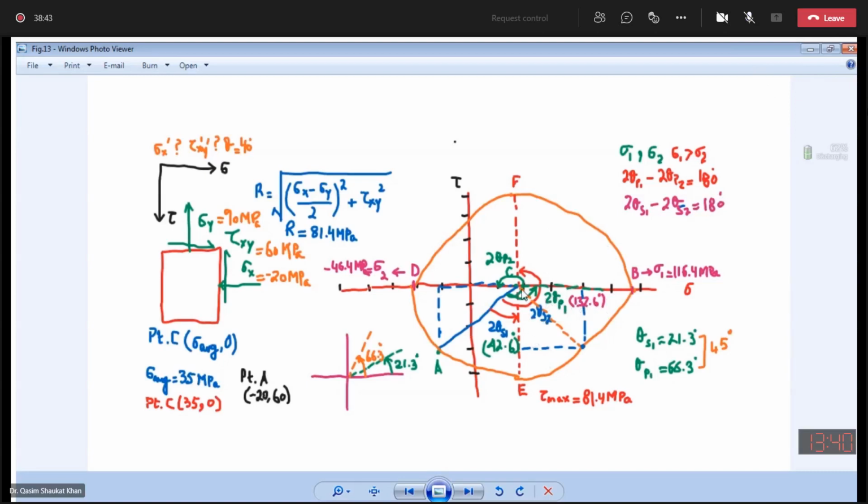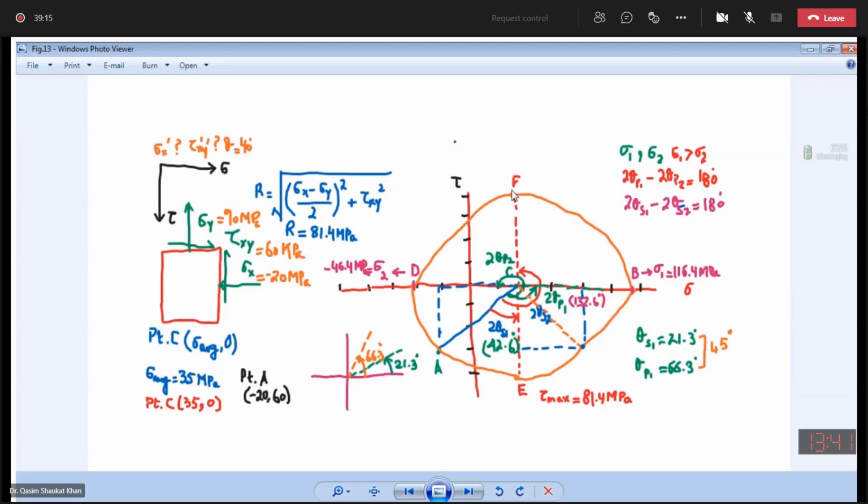Okay, now next thing is we have to calculate the maximum in plane shear stress. We know that this point E, because in this case we are taking shear stress positive downwards and negative upwards, is the maximum value of the shear stress. E is your maximum in plane shear stress.